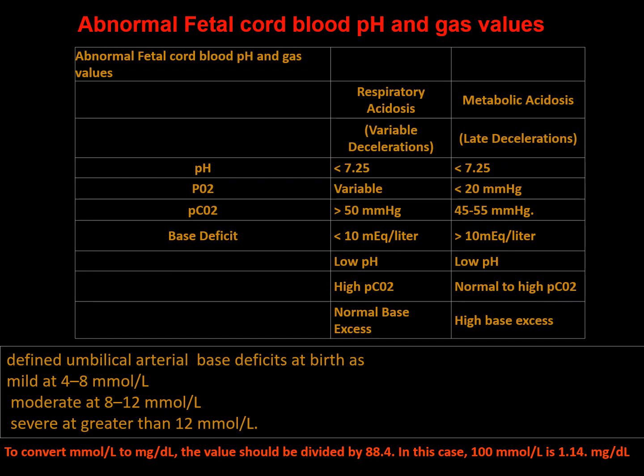When we look at abnormal fetal cord blood pH and gas values, you find a pH less than 7.25 for both. There is no significant difference in oxygen or CO2. The main difference between respiratory acidosis and metabolic acidosis is the base deficit. The base deficit in respiratory acidosis is less than 10 milliequivalents per liter, whereas for metabolic acidosis it is more than 10 milliequivalents per liter.